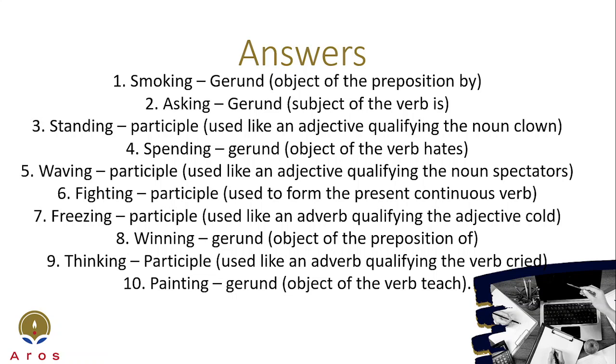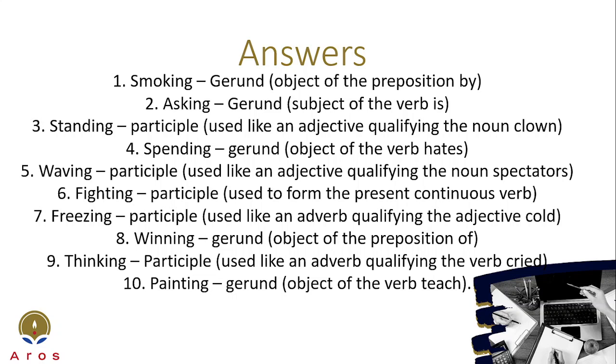Nummer 8, winning. Okay, ek het vir julle gesê, dit is die teenoorgestelde van losing, en dit is ook 'n gerund. Ek het nommer 7 maar uitgelaat. Freezing is 'n participle, want dit sê vir ons hoe koud dit is. Dit beskryf die noun cold, and therefore it is an adjective.